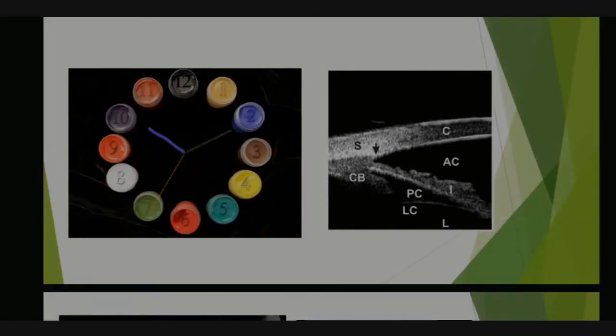It will get immersed inside. I'll tell you how. When we place the probe, we ask the patient to move the eyes. When I scan the 9 o'clock position, I will ask the patient to look with the right eye. I'm telling with respect to the right eye only. The patient is lying down, and we ask the patient to look at the temporal side.